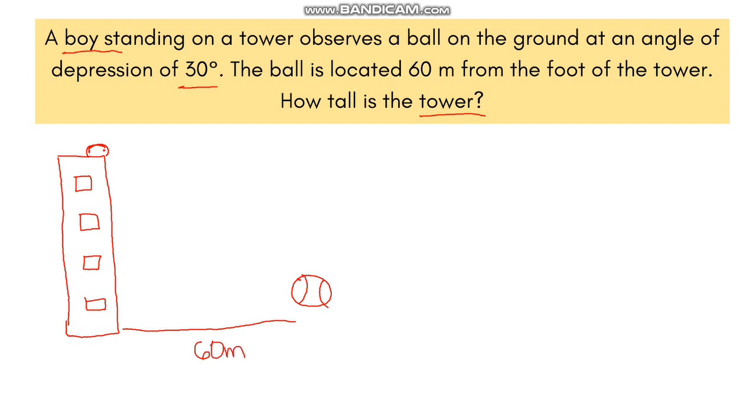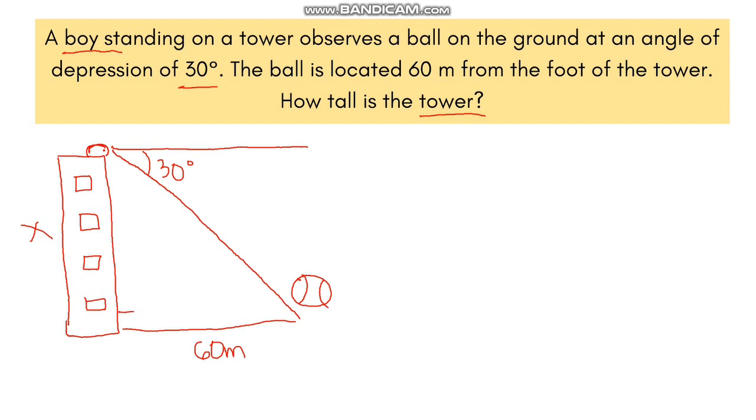And then there is now the angle of depression. So let's draw a horizontal line, and then a line going to the ball, which is 30 degrees. Now we have to find how tall the tower is. So this is the one that we're looking for. So let's write that as x.